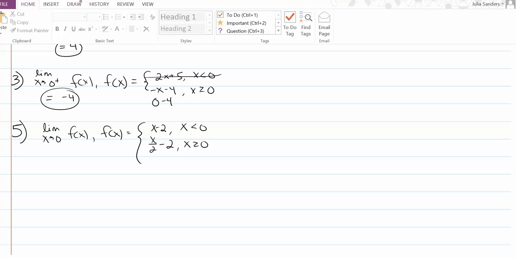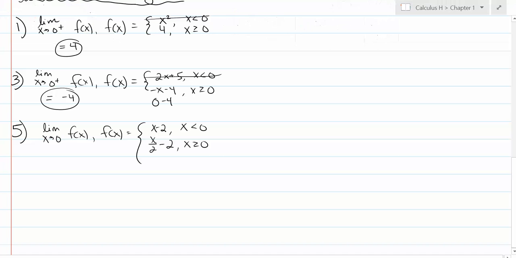As we come from the left hand side, I'm going to plug in 0. 0 minus 2 is negative 2. Coming from the right hand side, if I plug in 0, I notice that I have the same value from the left and right hand side. So the limit exists, and that value is negative 2.